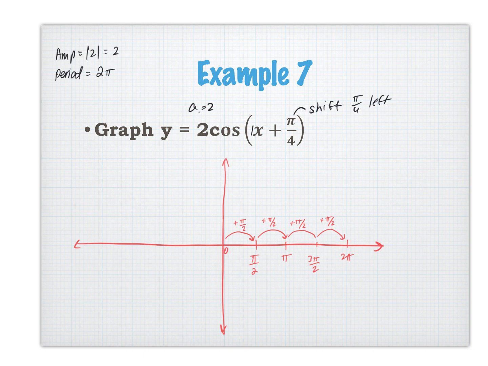Now, where does that come from? Well, we have to think of our period as 2 pi. And if I divide my period into 4 pieces, each piece would be worth pi over 2. So this is plus pi over 2, plus pi over 2, and if I was to go in the other direction, it would be minus pi over 2, minus pi over 2, also 4 times to the left.